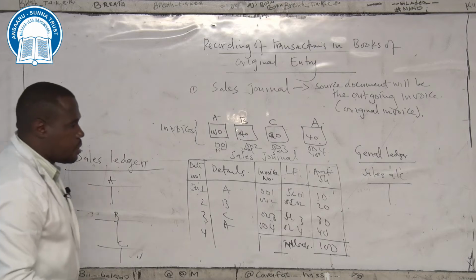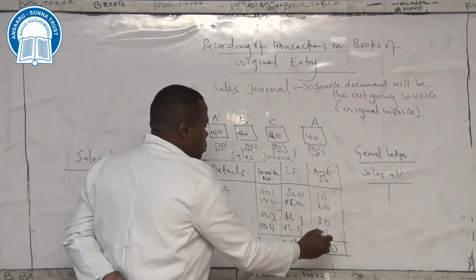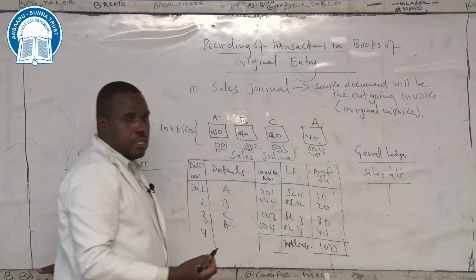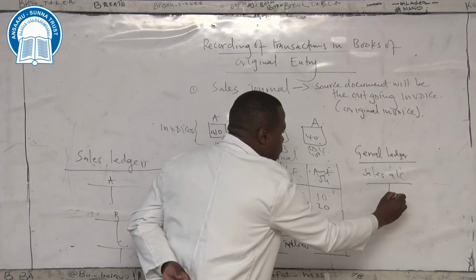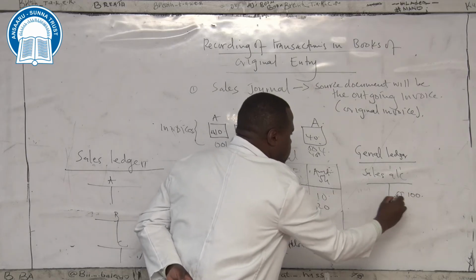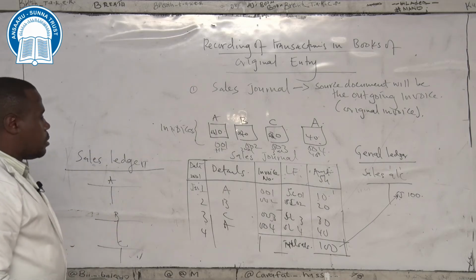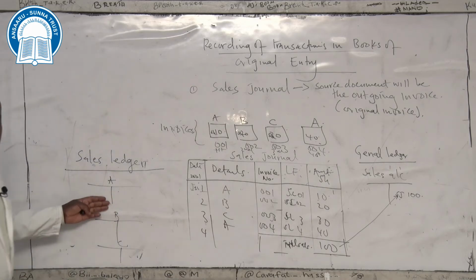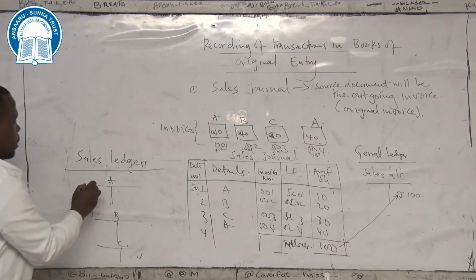So how do you post these transactions? We still have to follow the double entry here. The sales account will have the 100 from the sales journal posted on the credit side. Then because you are selling to your customers, customer A, B, C, their accounts are going to gain.